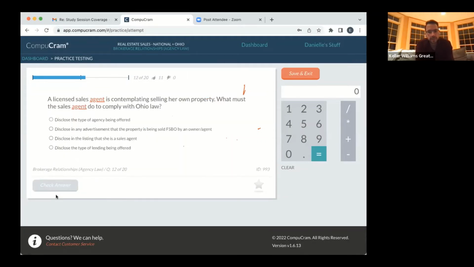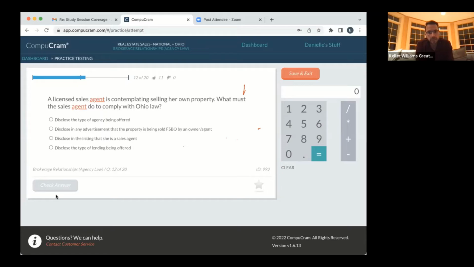Next question, a licensed sales agent is contemplating selling her own property. What must the sales agent do to comply with Ohio law? A, disclose what type of agency is being offered. B, disclose in any advertisement that the property is for sale by an owner agent.